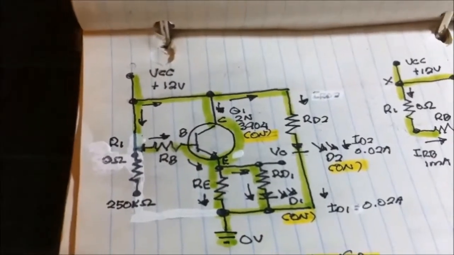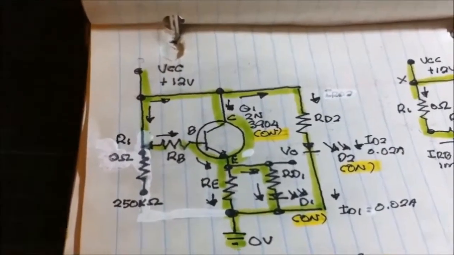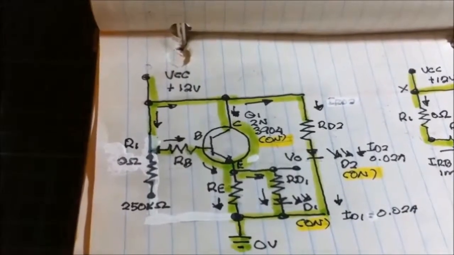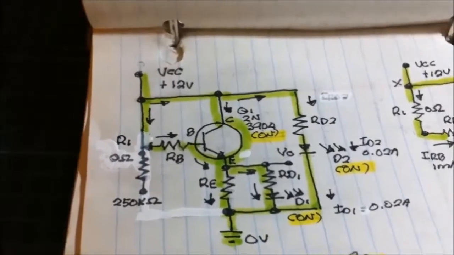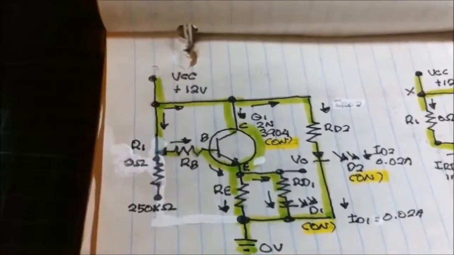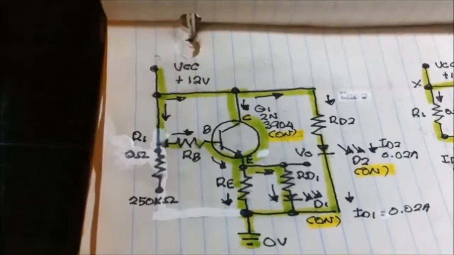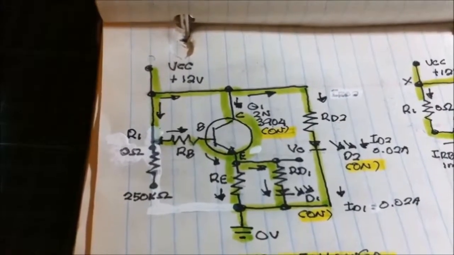As you have seen here, what type of transistor configuration do we have? What do you think is the type of transistor configuration?